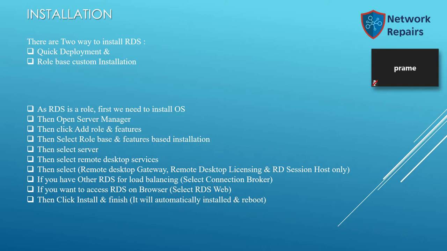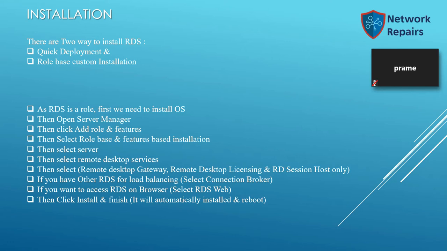As RDS is a role, first we need to install the operating system, then open Server Manager, click on Add Roles and Features, then select role-based or feature-based installation, then select the server, then select Remote Desktop Services, then select Remote Desktop Gateway, Remote Desktop Licensing, and RD Session Host only.